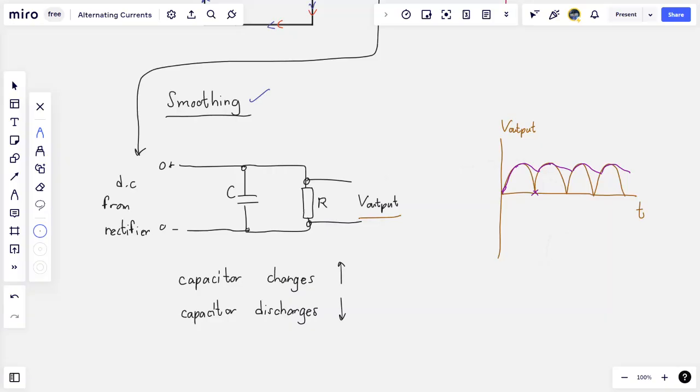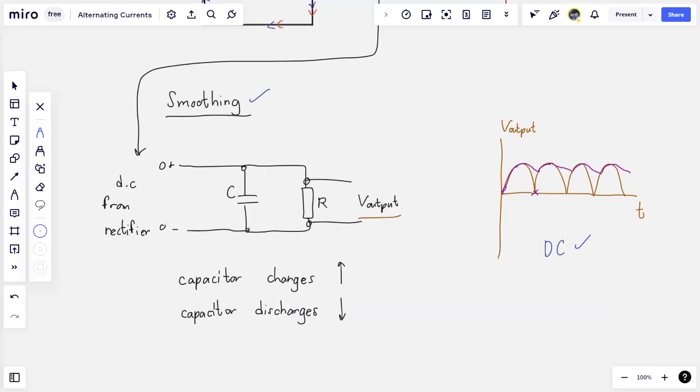Now I've exaggerated this because in reality this downward part would be very tiny and almost unobservable. So the current to our eyes is basically DC. I've supplied DC current. There's a very slight fluctuation, a slight flutter, but there isn't much.